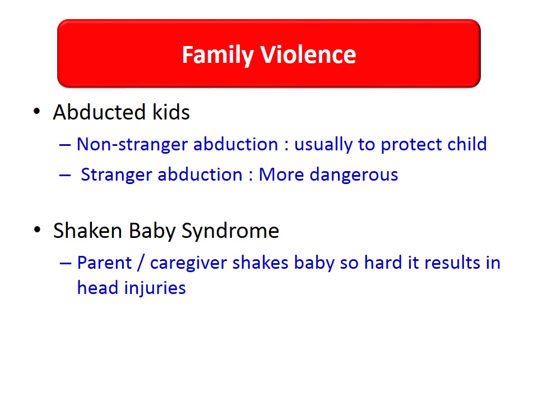Another form of crime that may occur under the category of family violence is shaken baby syndrome. Shaken baby syndrome occurs when the parent or caretaker shakes the baby so hard it results in head injuries. Experts agree that this is one of the leading killers of abused children. Even when these children do not die, many suffer from significant brain damage, resulting in lifelong conditions such as cerebral palsy or blindness.